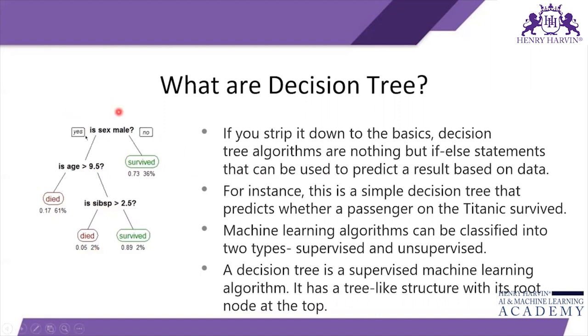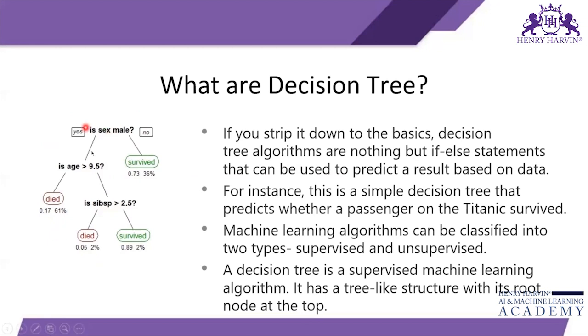As you can see on the left-hand side, we make a tree, and let's say we are going to classify whether a person survived or not on the Titanic. As you all know, some people on the Titanic died and some survived, so we have to predict who will survive and who will die. Here, the decision tree algorithm says whether a person survived or not.